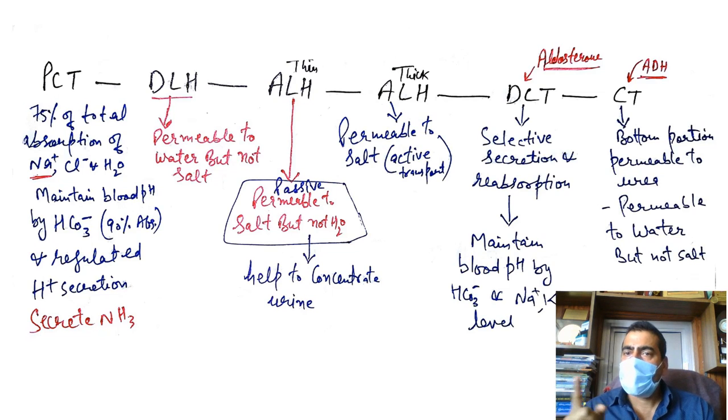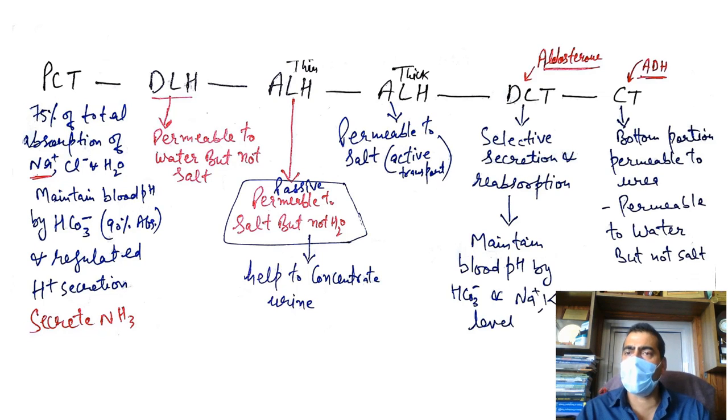And then there is the distal convoluted tubule. There is a hormone known as aldosterone, the salt-retaining hormone. This hormone acts on the distal convoluted tubule, which helps in the process of selective secretion and reabsorption. It also maintains blood pH by sodium bicarbonate, and the sodium and potassium levels.